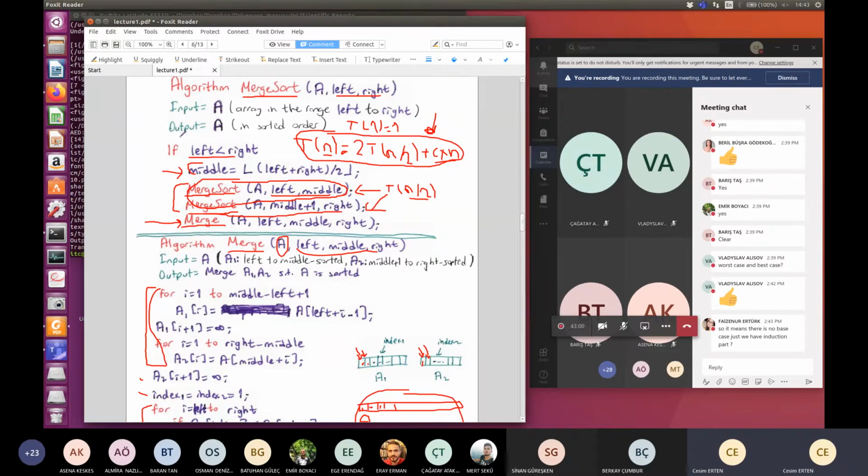The base case is that if left is equal to right, which means that there is nothing to sort, in that case, our algorithm simply returns. What is the time spent if we have an input of size 1? It's just simply constant time, because all we do is a single comparison, is left equal to right, and then we execute the return statement. So just a constant amount of time. We can write any constant in here. For convenience, let's just write 1.